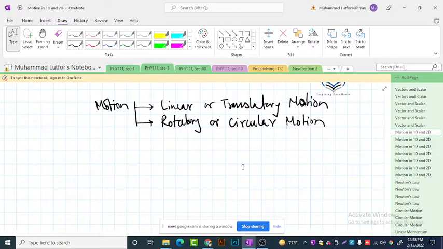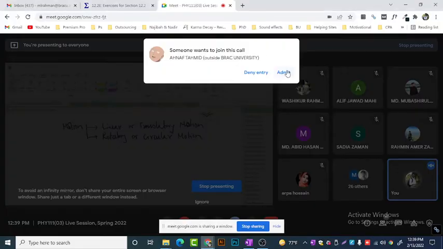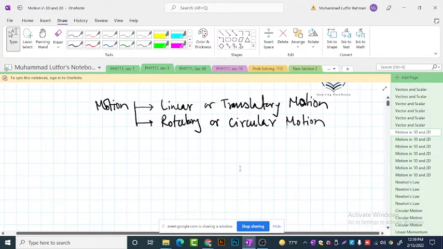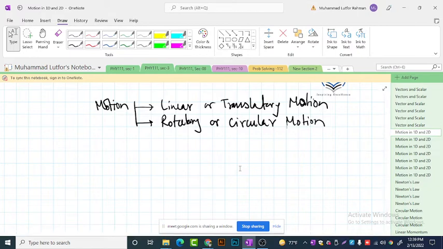Alright, to explain the motion here, we will only talk about the mathematical description of the particle, which is known as kinematics. We'll discuss different parameters like position, velocity, acceleration, average velocity, instantaneous velocity, average acceleration, and instantaneous acceleration. This is the mathematical description of the particle, but not the dynamics.